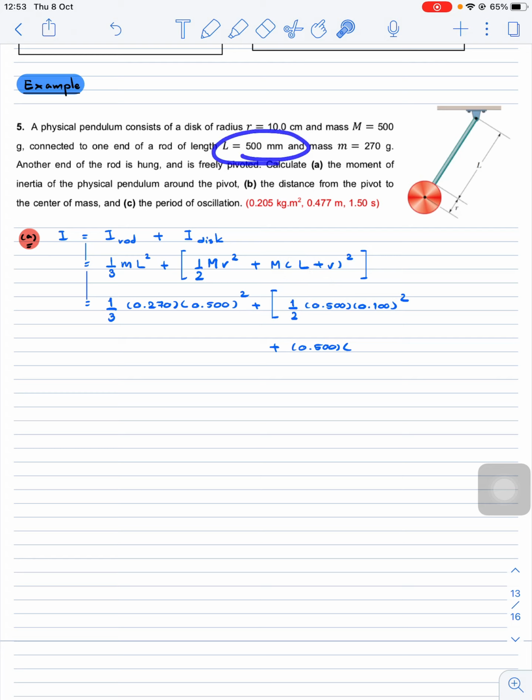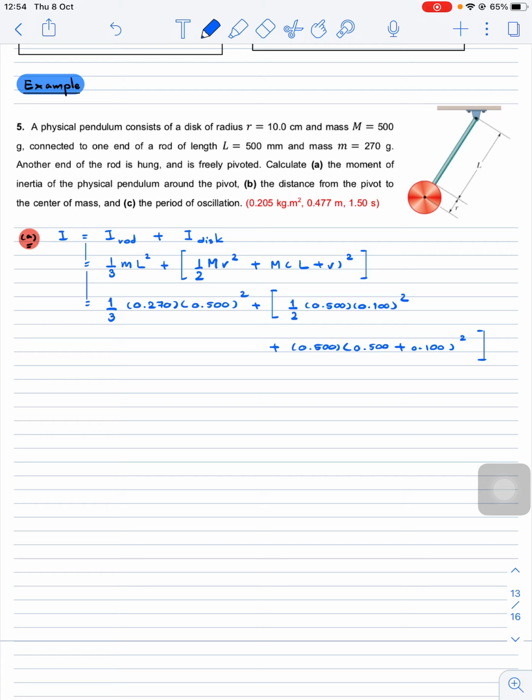The L is 500 millimeter, we have 0.500, and then plus r, which is 10 centimeter, we have 0.100 squared, and then close bracket.